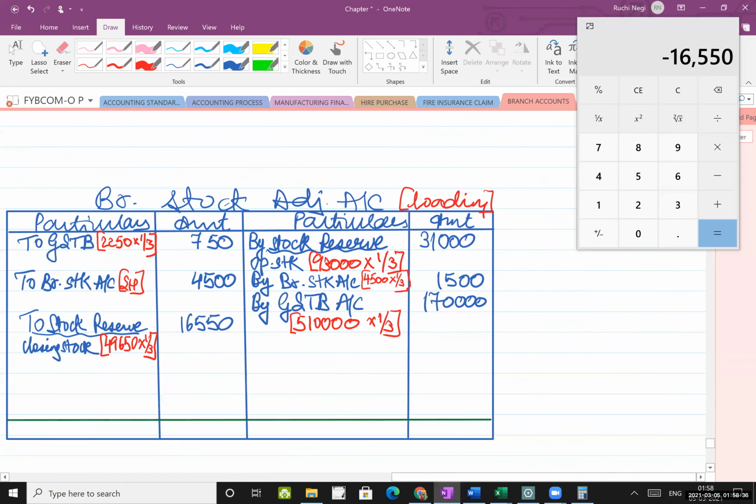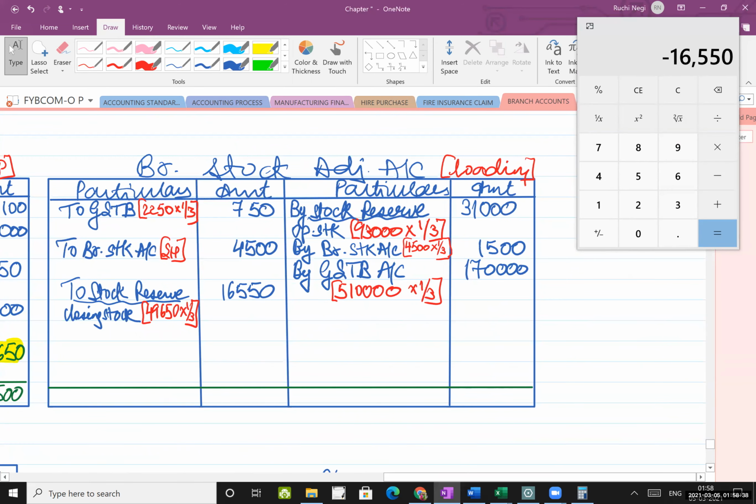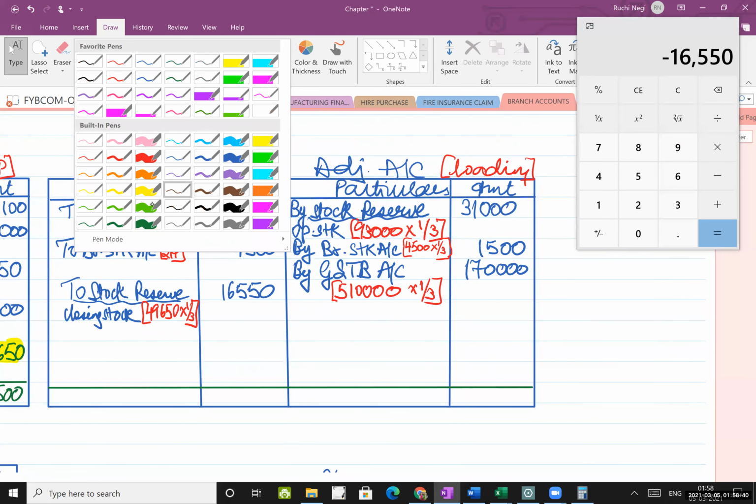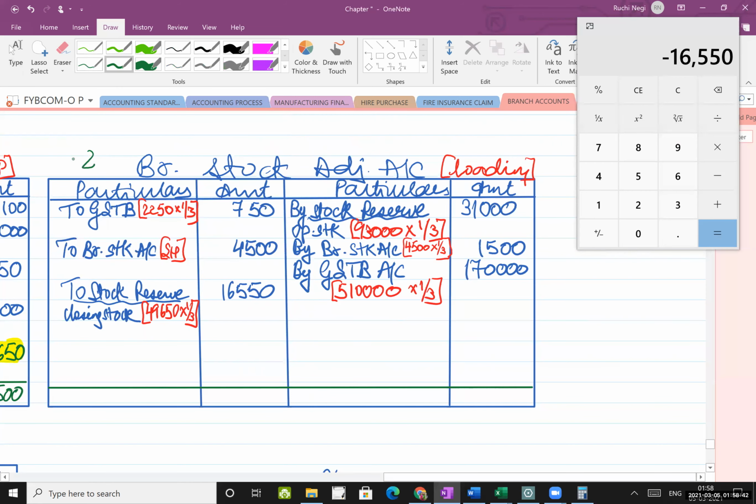Then I'll close, obviously, branch stock adjustment account. Second, close this. Okay, see where the difference is more. Obviously it's the credit side. 31,000 plus 1500 plus 1 lakh 70,000 plus 2 lakh 2,500.